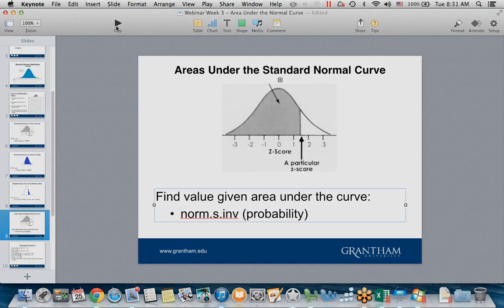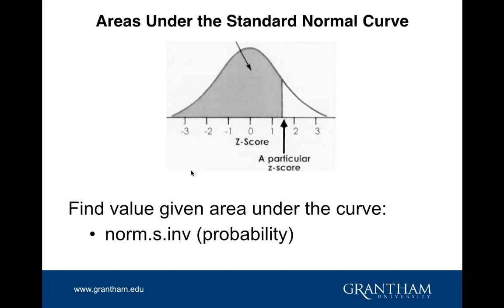Here we are given an area. So the shaded portion that's on the screen is already given to us. And we're asked to find the z-score that corresponds to that shaded portion. In a minute, we'll give an example of why we would ever have to do that.